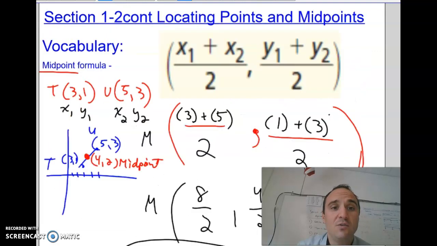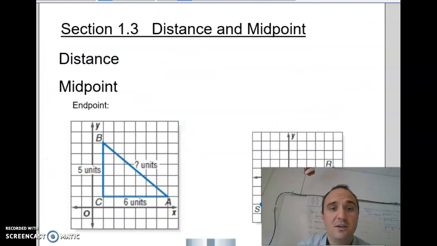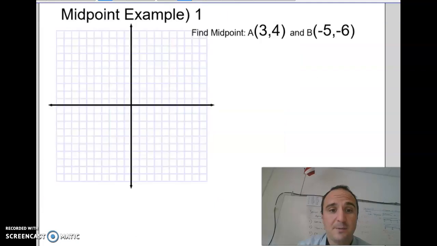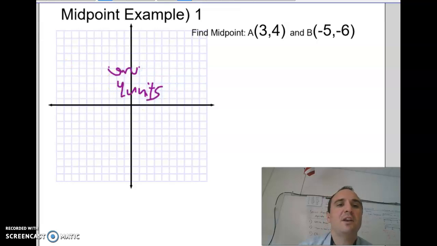If it's a straight line and you have to find the distance, you can do that in a millisecond. You just say, oh, distance from here to here is 1, 2, 3, 4. 4 units.